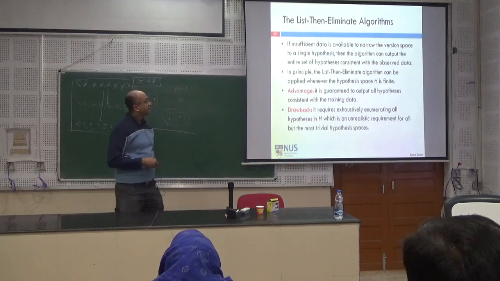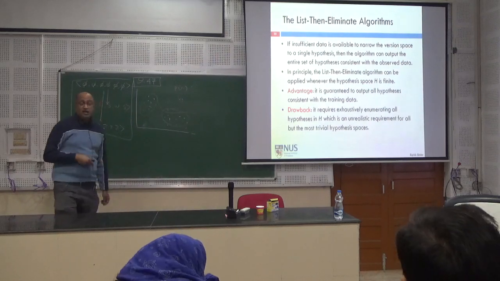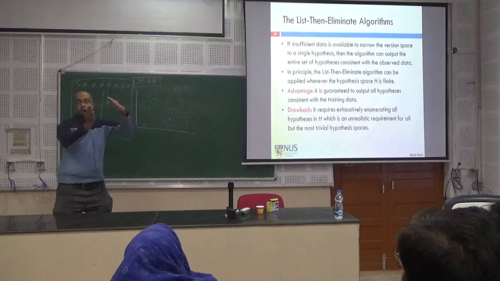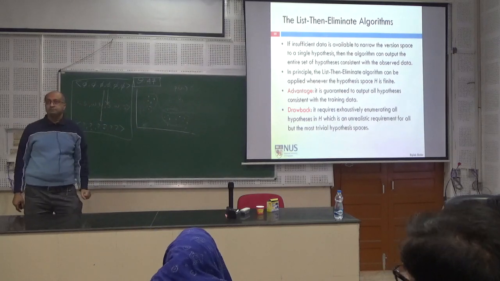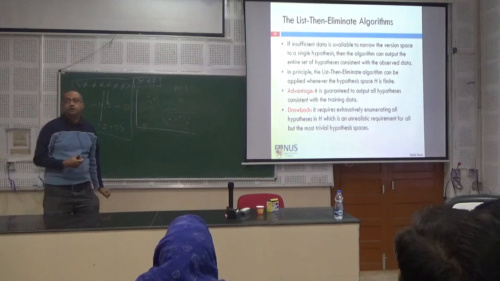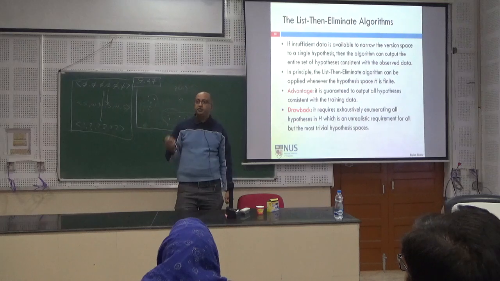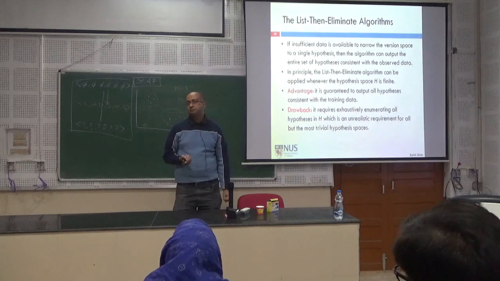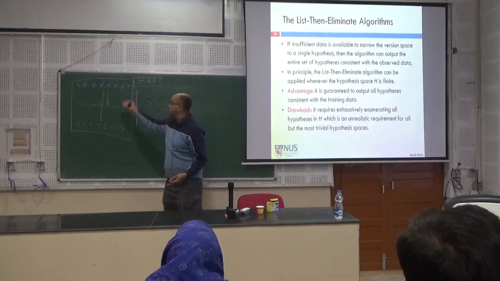That's the idea. Now, sometimes what happens is you want to shrink both sides so that ultimately you just have one hypothesis left. That's the real hypothesis that you want. But that will happen only if you have enough training data. If you have only one training sample, how much is this boundary going to move?